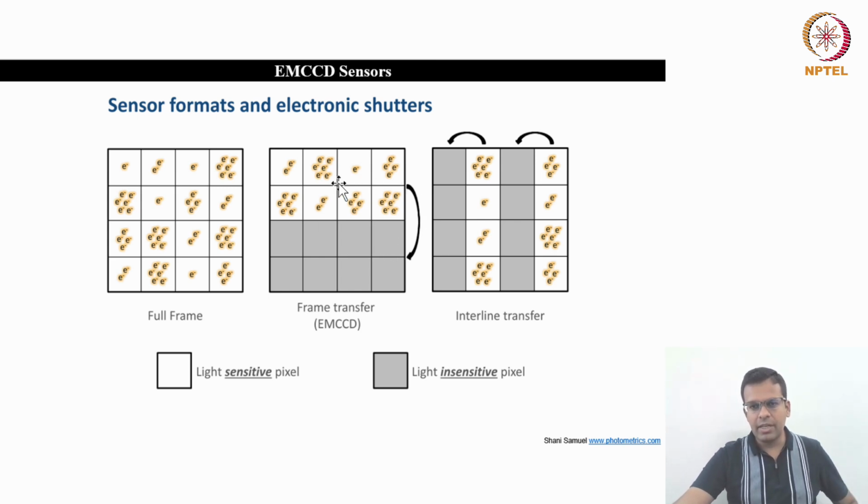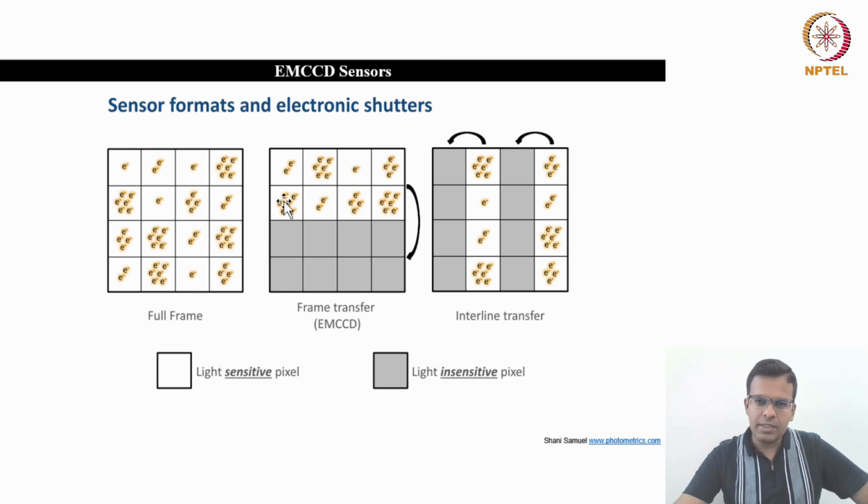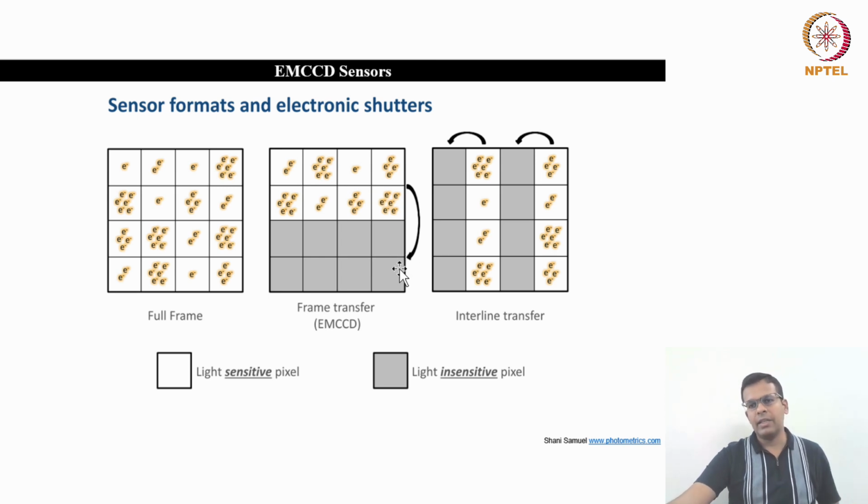So let's say in this EMCCD camera chip, these are the active pixels which can collect photons from the sample, whereas these are the light insensitive pixels. They will not collect photons, but they will help in transferring these electrons. So why are EMCCD cameras faster? Because of this, they capture the image here, and then they immediately transfer the electrons from this area to the insensitive pixels, and again this area is available for capturing the next image.